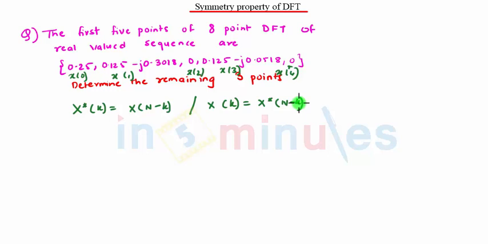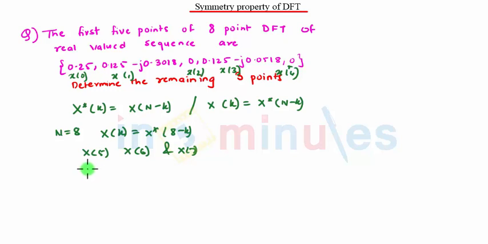This is an 8-point DFT, so N is equal to 8. X of k is equal to X star of 8 minus k. Now we want the remaining 3 samples, that are X of 5, X of 6 and X of 7. We will find out every sample one by one.